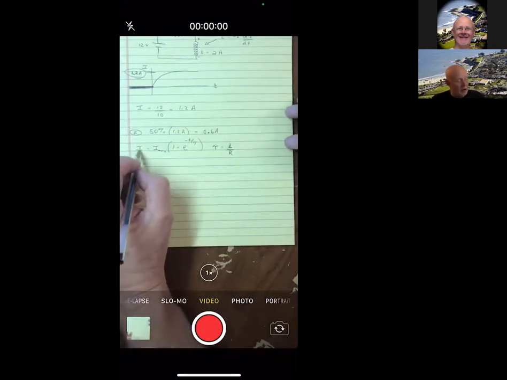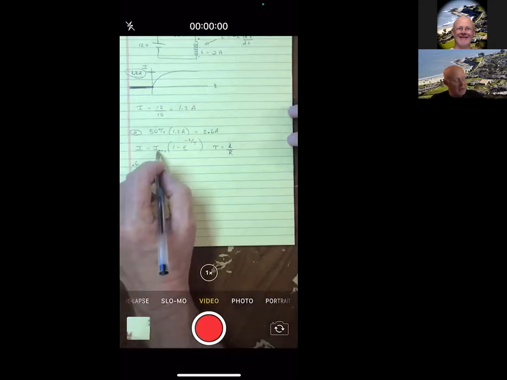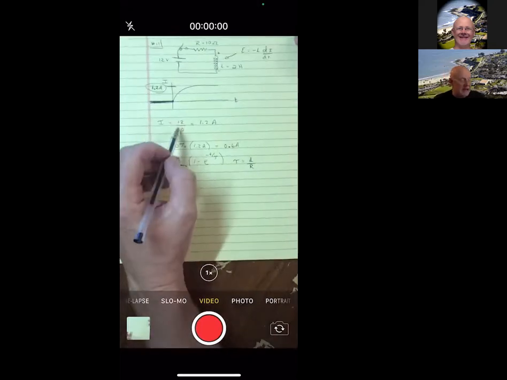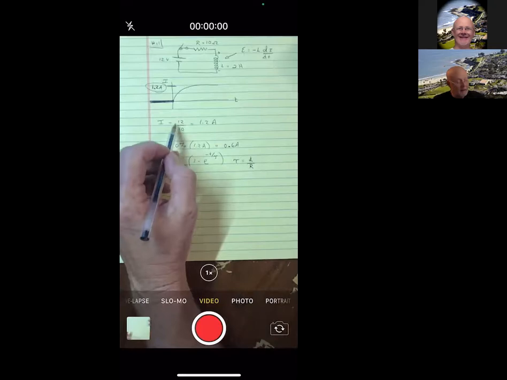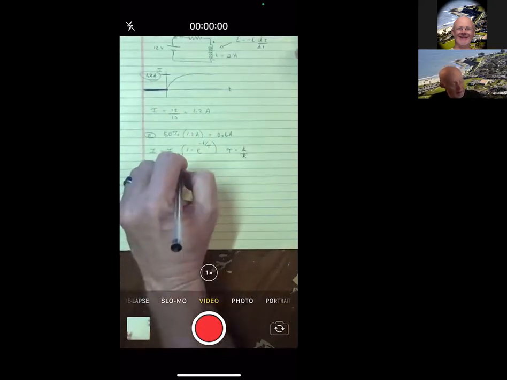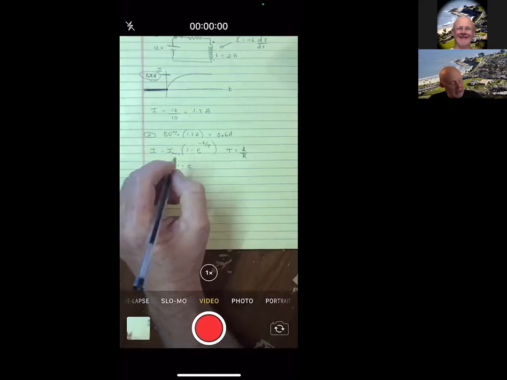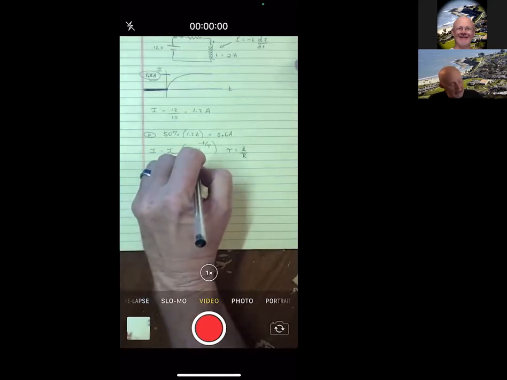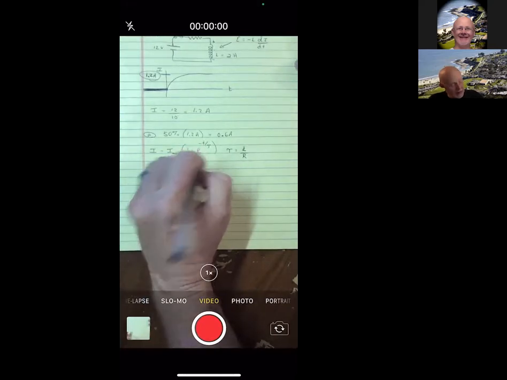We want the current to be 50%, so that's 0.6. We know it builds up to a maximum, this V over R of 1.2. And then we've got 1 minus e to the minus t over tau.